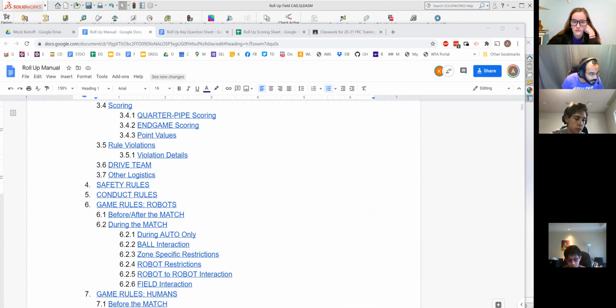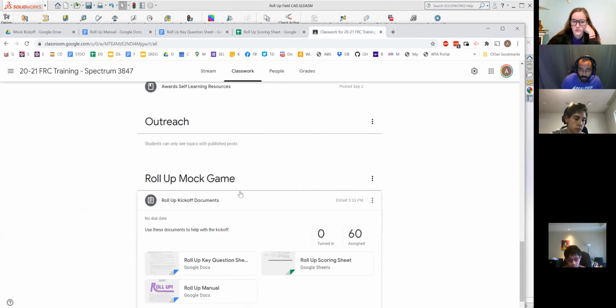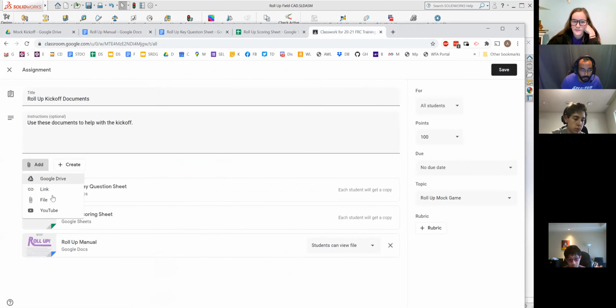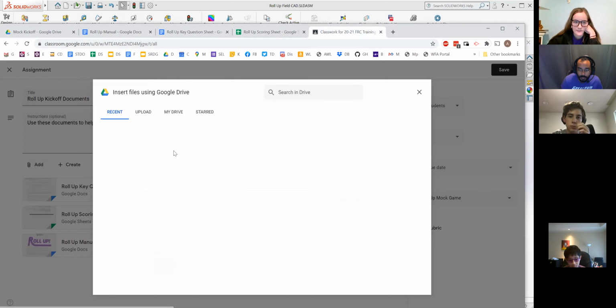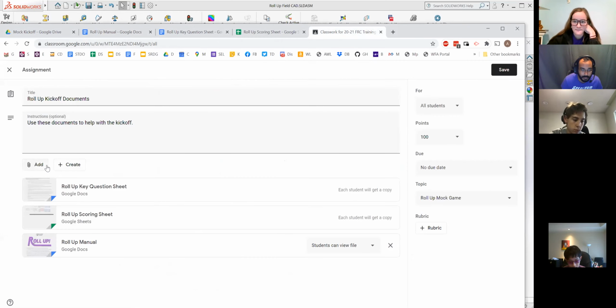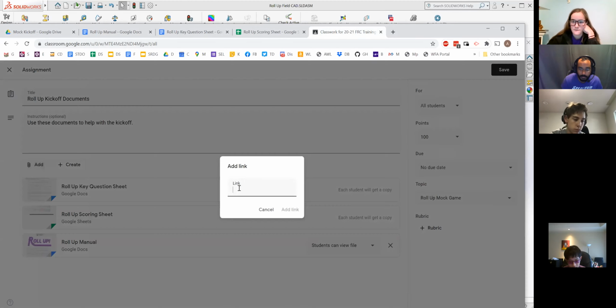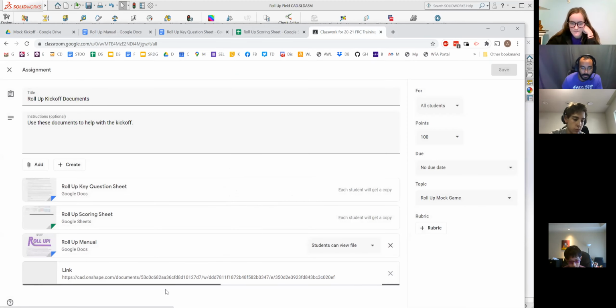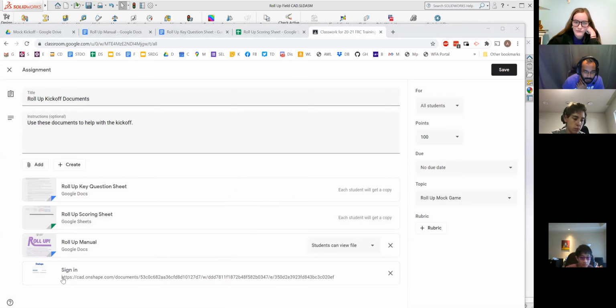So there are some things we will still be changing for sure. But we do have an Onshape version of the field. Wait, what? I thought I hit link. What happened to add? Okay. And this is slightly out of date. There are probably some changes that happened since this Onshape version of the field. But if you want to have the CAD, you can.